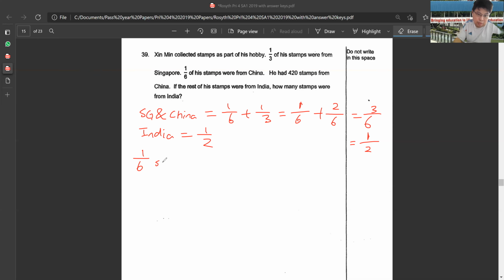That is trying to tell you 1/6 of his stamps is 420. The answer is very obvious. Got it now? Yes.